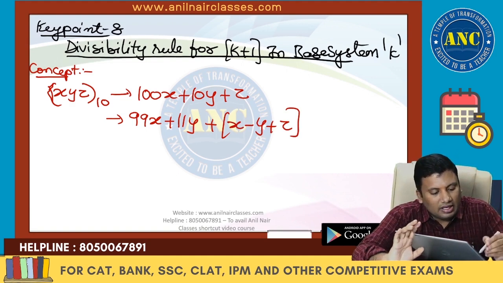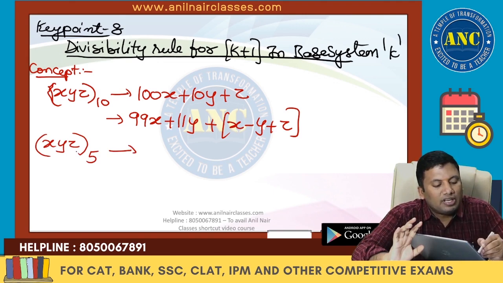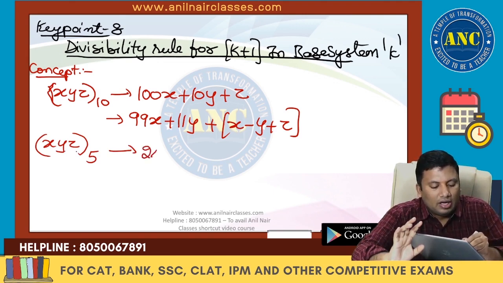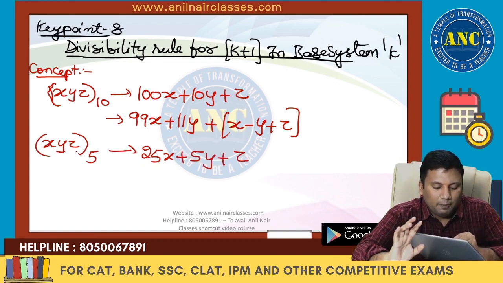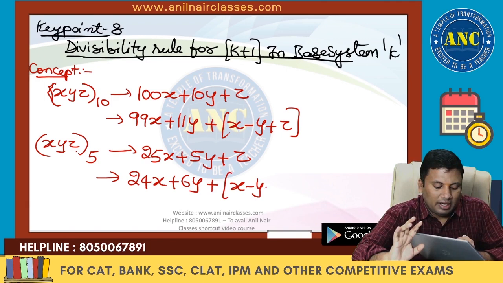Now see here, if xyz is in base system 5, with 5 power 0, 5 power 1, 5 square, it is 25x plus 5y plus z, which is nothing but 24x plus 6y plus x minus y plus z.